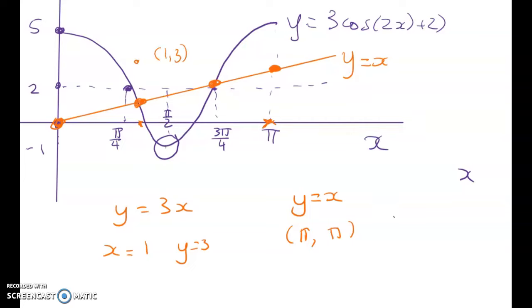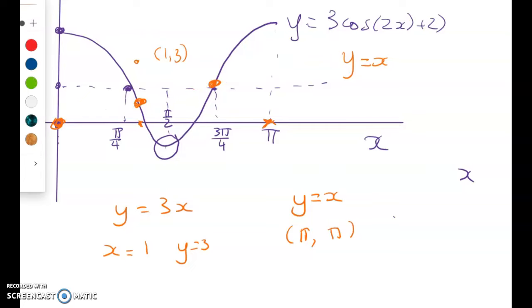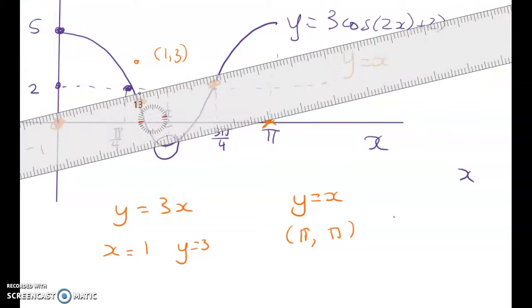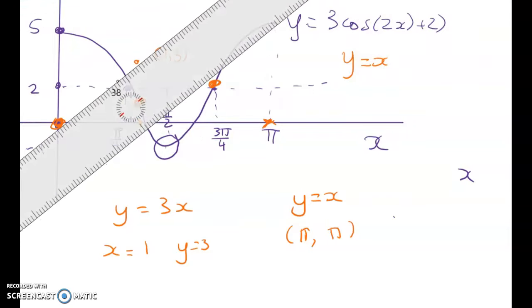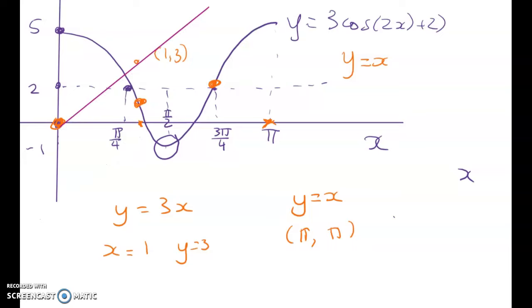And in this case, let's take off that line. We put on a new orange line, or maybe a new pink line. If we join that up, this is what we get. You can see that that straight line is shooting off quickly, so there's just going to be one solution.